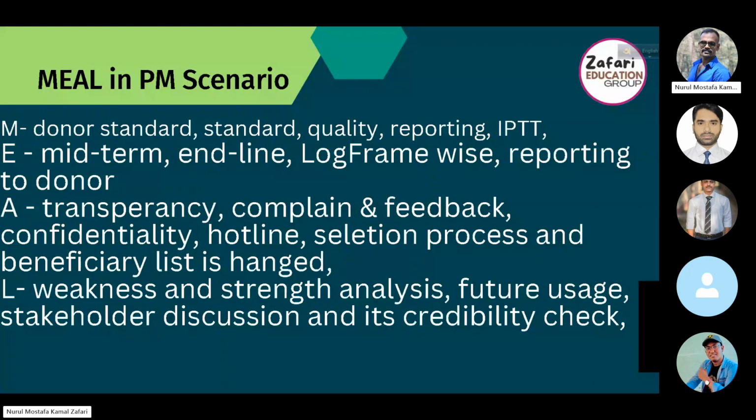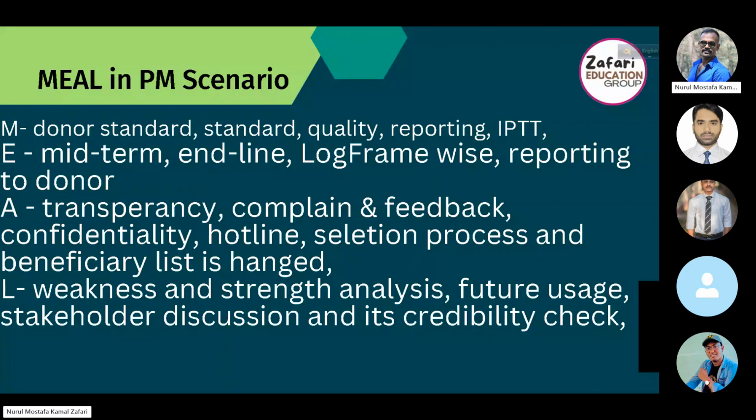Then L means learning. In a project environment, we learn every day, from every activity, from the stakeholders, from the beneficiaries. In every phase of the project model, as a project manager, we need to establish an environment and a culture of learning.